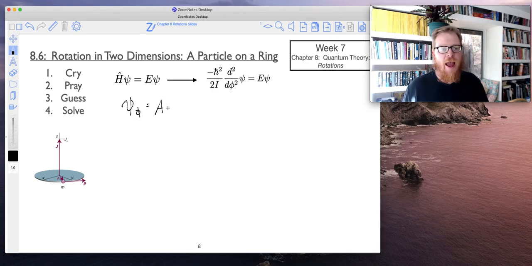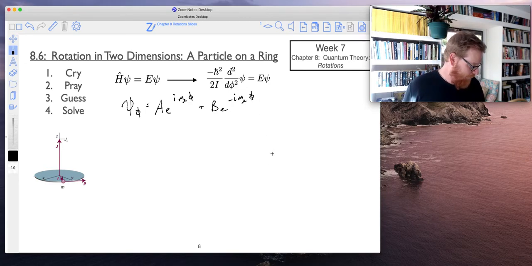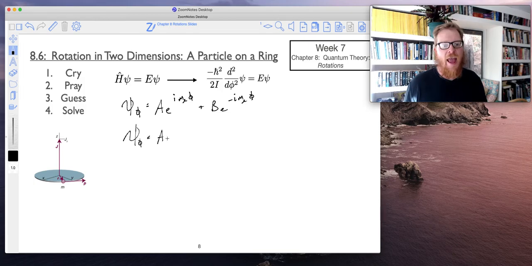So that means it's going to be some normalization constant a, e to the i m_l phi plus b e to the negative i m_l phi. And because we recognize that m_l can already be plus or minus, we technically can just write this as psi equals a e to the i m_l phi, again because m_l can already be plus or minus.